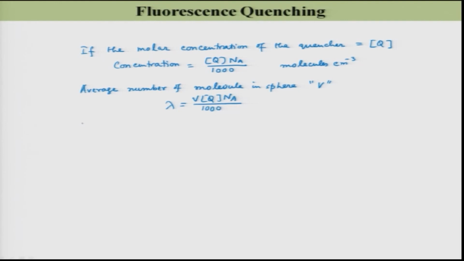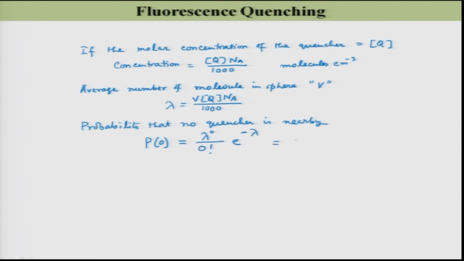Now, if I want to calculate the probability that no quencher is nearby, right. So, now you see this probability that no quencher is nearby, that is the same as, according to the Poisson distribution, P0, which is equal to lambda to the power 0 by factorial 0 into e to the power minus lambda.